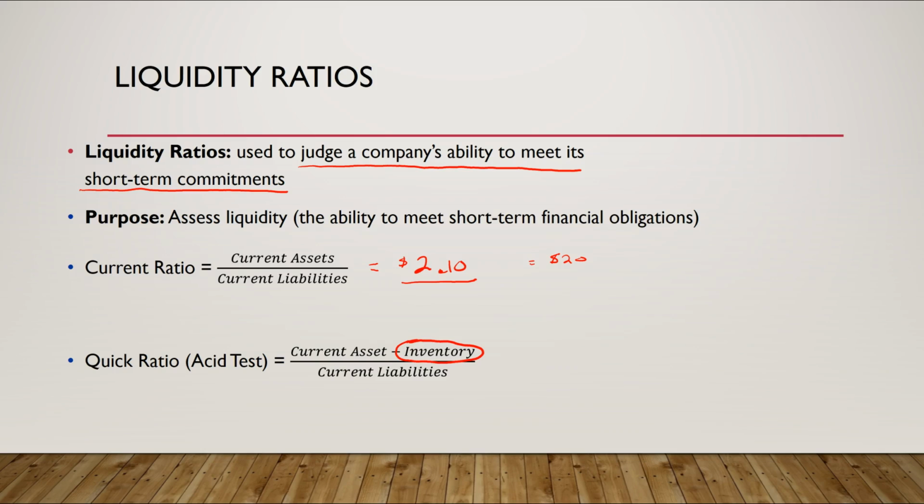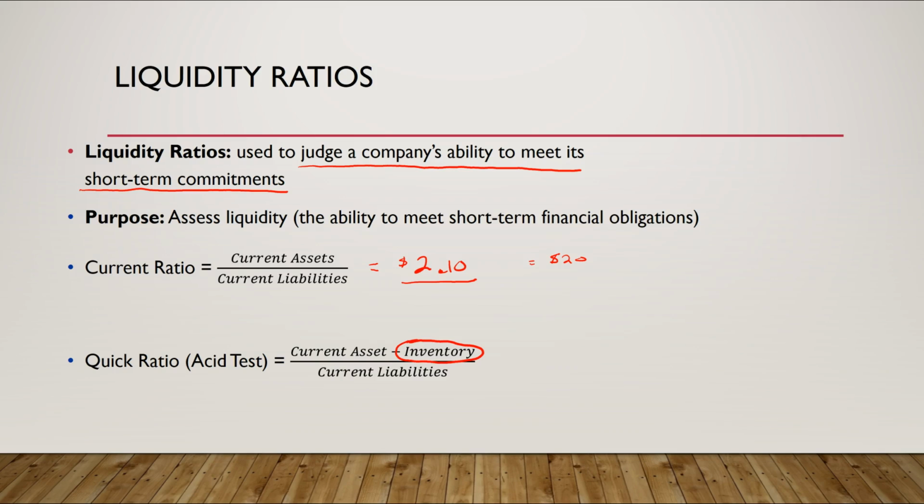Maybe the inventory within the firm can be converted into cash very quickly. Potentially there might be other industries where it's very hard to convert that inventory into cash. So we always want to compare and contrast these to firms within the same industry that have a similar capital structure.